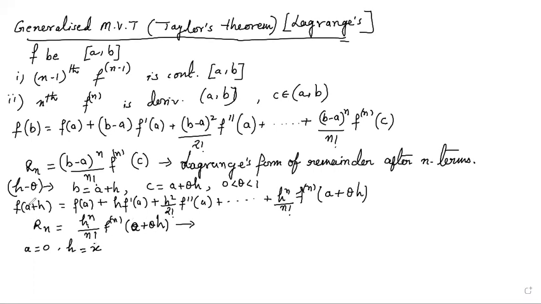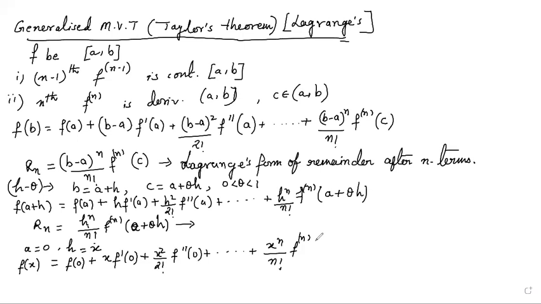So what will it be then? f(a plus h) becomes f(x) equals f(a) becomes f(0) plus x f'(0) plus x square by 2 factorial f''(0), going on like this, the (n plus 1)th term will be x to the power of n by n factorial f^(n)(theta x).